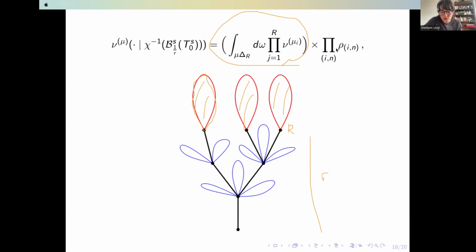And what do I do with the rest? With the rest, I graft again independent and identically distributed Bienaymé-Galton-Watson trees, which are the finite trees that you see in blue. And I have to graft them into every sector around these black vertices. Just to say a final word.